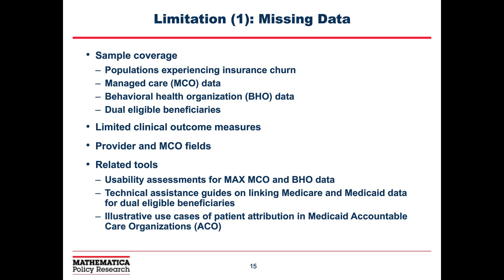Something else I'd like to flag that can be a little bit thorny is that these days, as we think about value-based care and supporting value-based models with Medicaid claims data, to make that fly, you need to be able to attribute beneficiaries to their accountable entities, whether it be providers or MCOs, the accountable entity in question. And historically, the provider identification and the MCO identification fields are either not there entirely, or they have very limited data, even when the field is technically present.